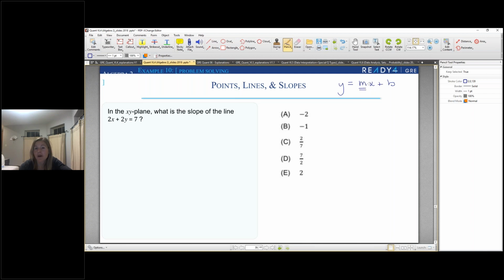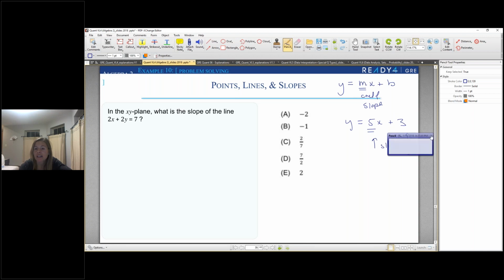This here is whatever the coefficient of x is, and that is your slope. So for example, if we had a line y is equal to 5x plus 3, the slope of that would be 5. The y-intercept would be 3.